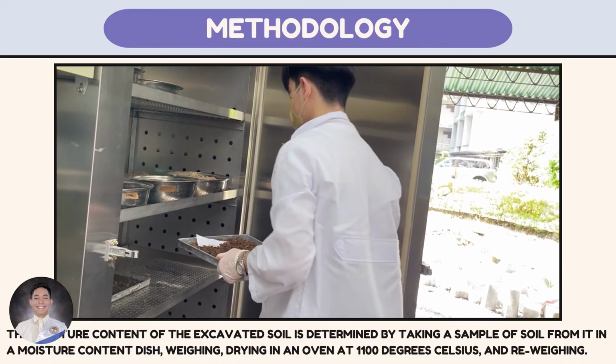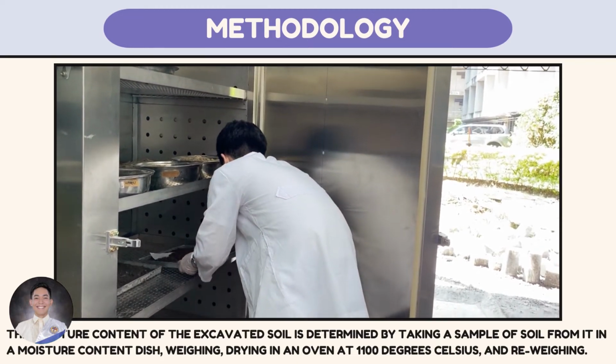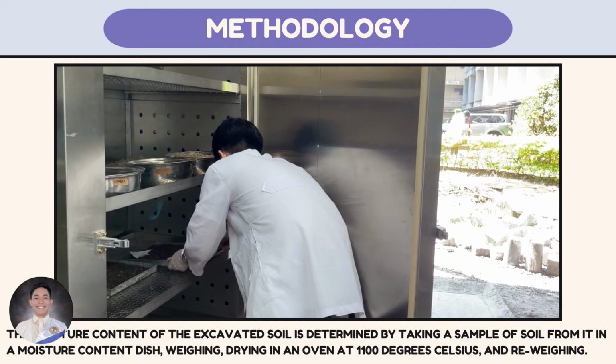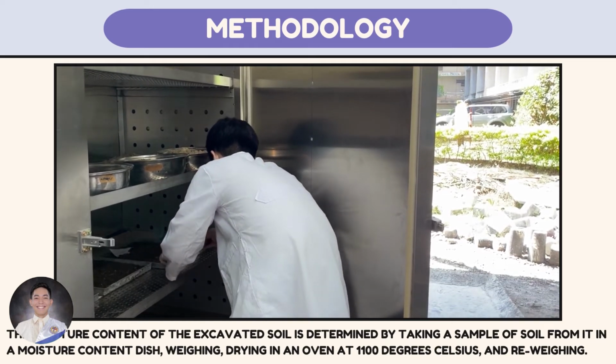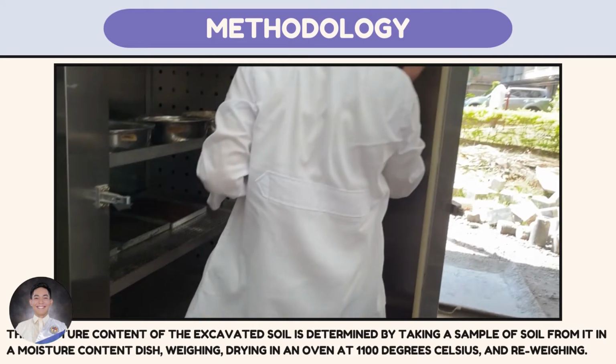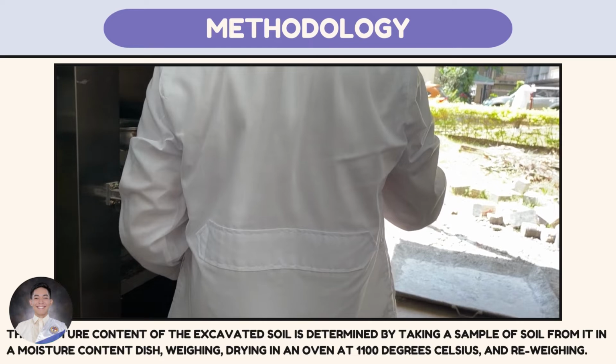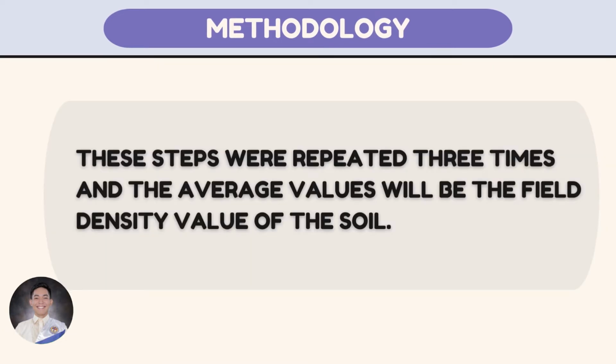Eighth, the moisture content of the excavated soil is determined by taking a sample of soil in a moisture content dish, weighing, drying in an oven at 110 degrees Celsius, and reweighing. Ninth, these steps were repeated 3 times and the average values will be the field density value of the soil.